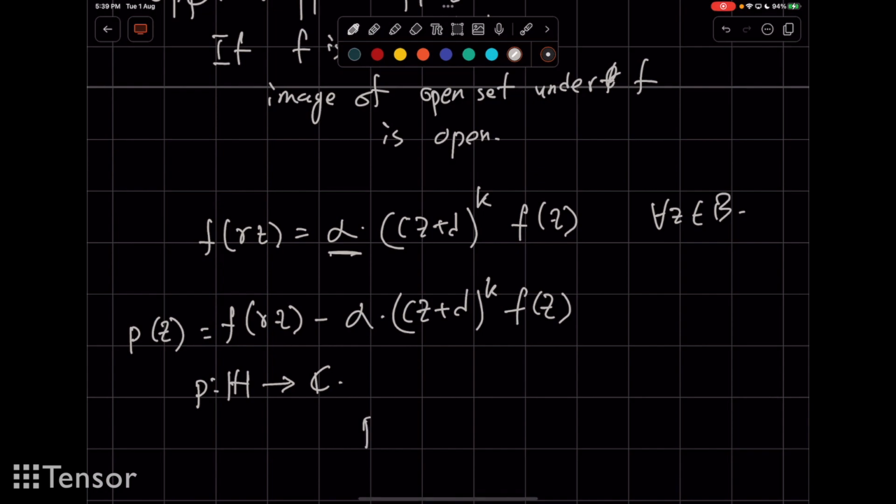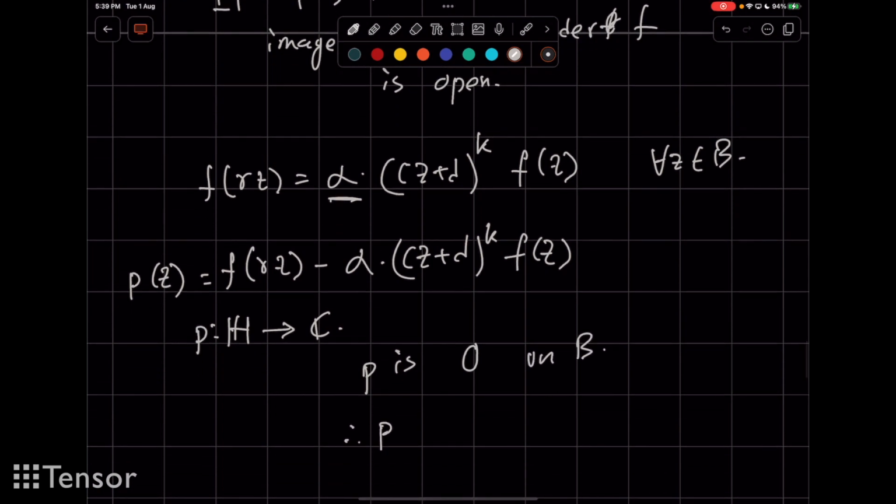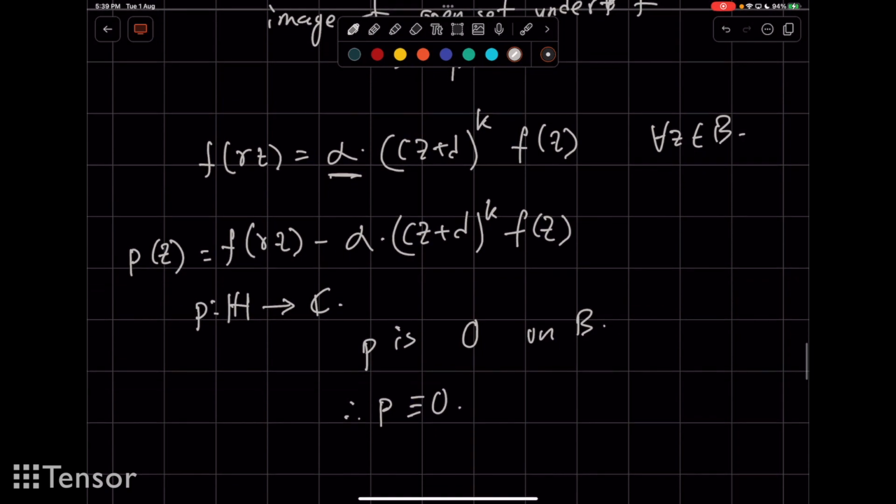And p is 0 on the open ball B. Therefore, p is identically 0, because if p is not identically 0, then the zero set of p doesn't have a limit point. But since this is an open ball, obviously it has a limit point.